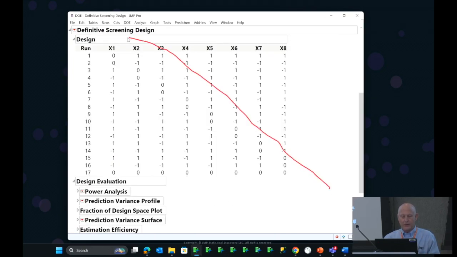But the main thing you can see are these diagonal zeros. But you'll notice there's a row of zeros at the bottom. That's the global center point. And so you can see we've got some tests for curvature in every factor.